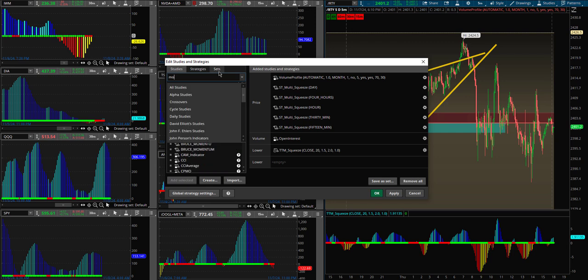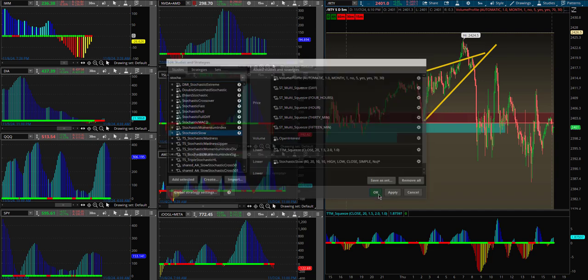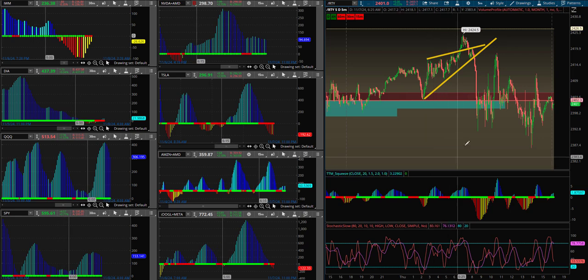What kind of momentum? Let's just use stochastic. MACD, stochastic, this stochastic slow. All right, let's use one of them. There's so many of them. Okay, just to give us the confidence.